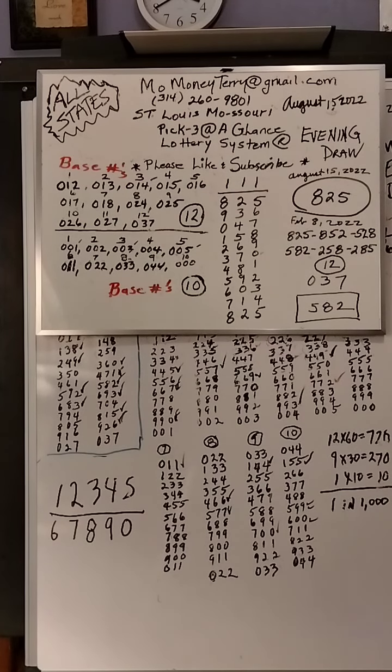Alrighty. This is Mo Money Terry here today with the Pick 3 at a Glance system for August the 15th, 2022. This is the tutorial video that I try to do every day. This strategy works for all states and anywhere in the country where Pick 3 is being played. All you have to do is just track your numbers.